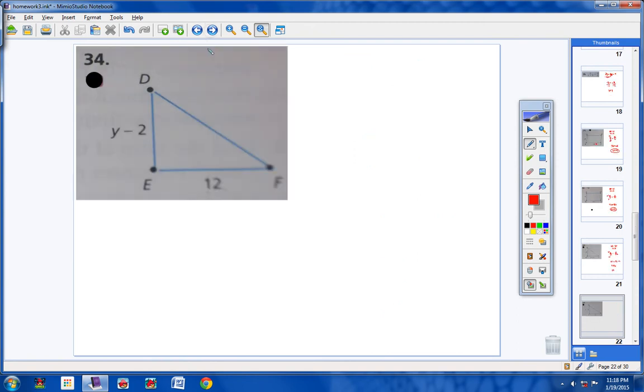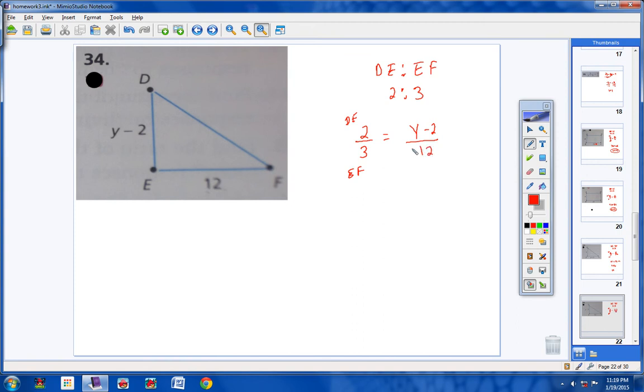Alright, number 34. Exact same type of problem again, so here we go. We're going to use this ratio here. 2 over 3. 2 is my DE. 3 is my EF. Equals, okay, now 2 corresponds to DE. Y minus 2 corresponds to DE, so y minus 2 corresponds to EF. 12 corresponds to EF.